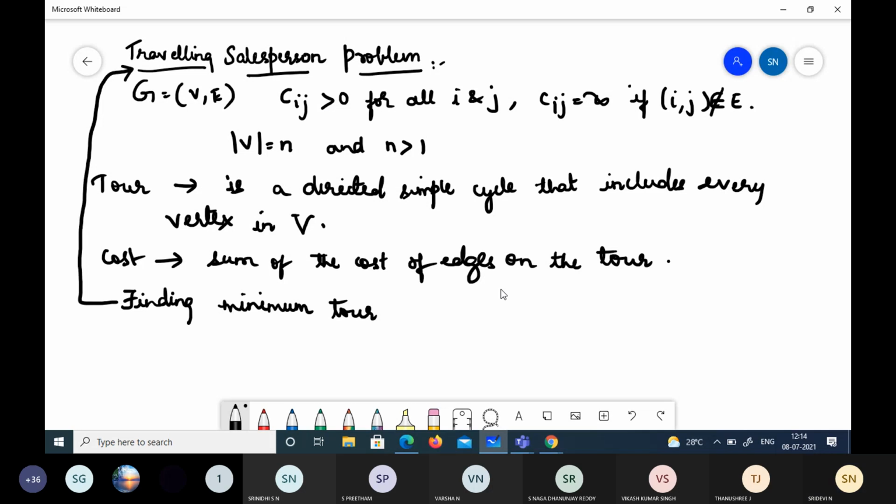Okay. Note down this. So finding the minimum tour.